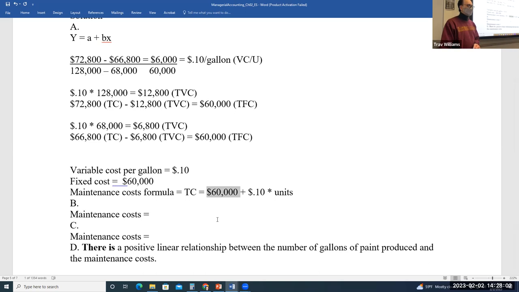Yes. And what's our total variable cost going to be? 90,000 gallons of paint. 9,000. Okay, $9,000, right? We take the number of units times 10 cents. Then we add that to the fixed costs, and so our answer is 69,000.